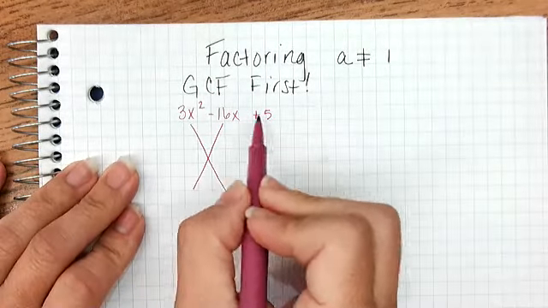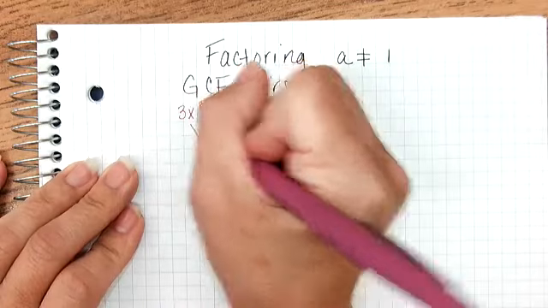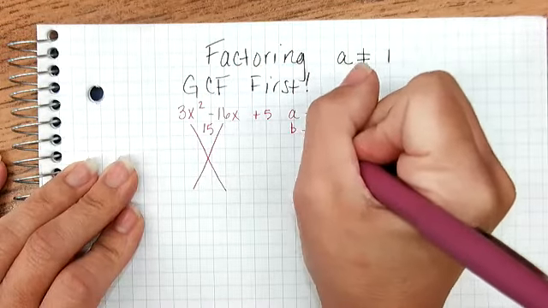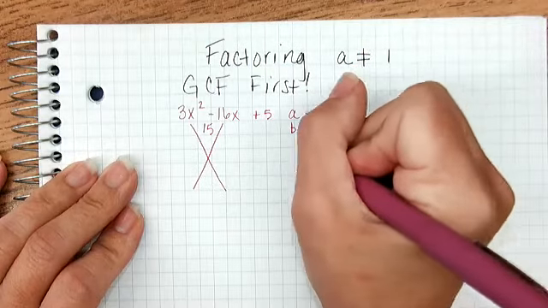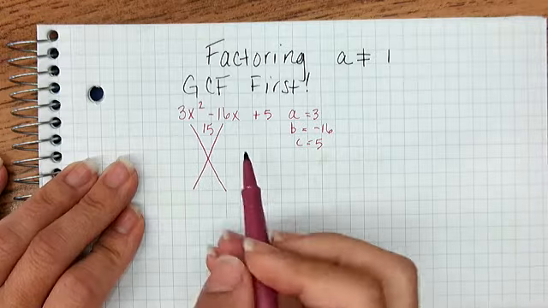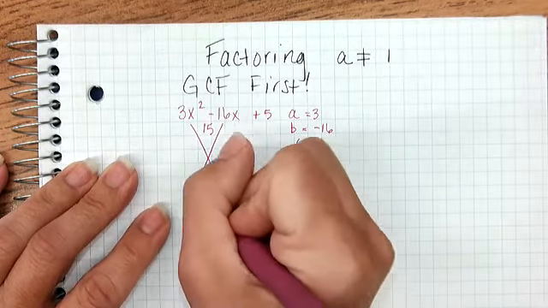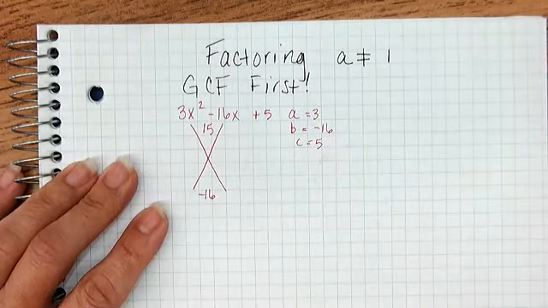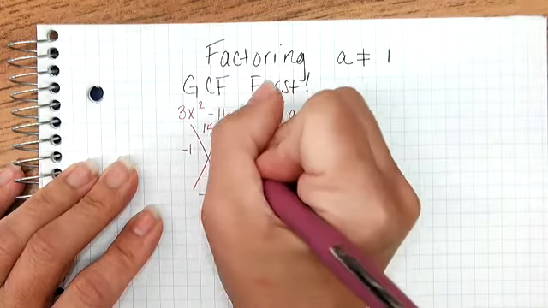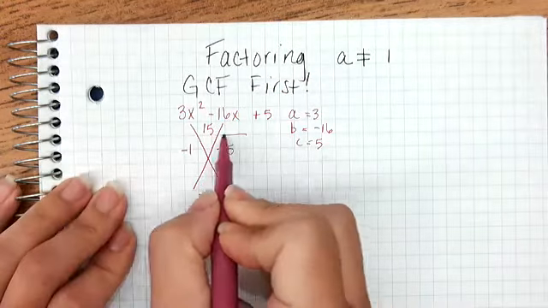A is 3, C is 5, so 15 goes at the top. A is 3, B is negative 16, C is 5. AC is 15, B is negative 16. So what works is negative 1 and negative 15.